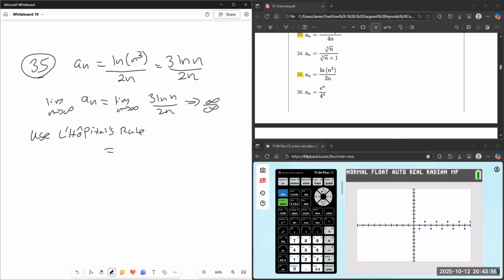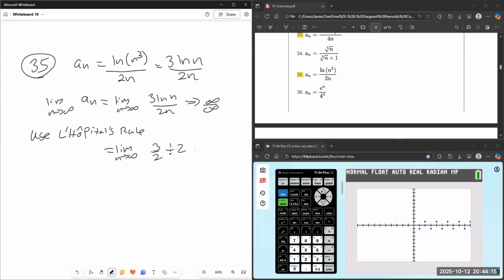So limit as n approaches infinity of 3 over n over 2. Let's call that 3 over n divided by 2 so that the over n doesn't look like an ln.